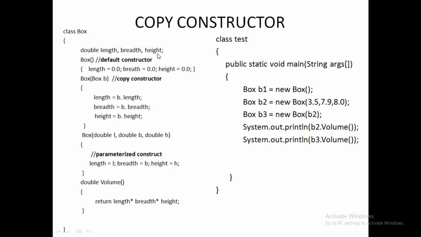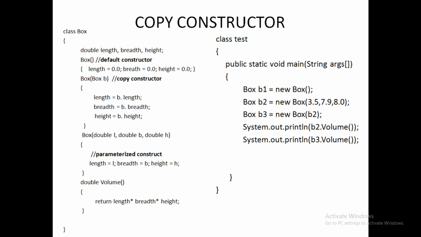But consider a class which possesses 50 or 60 instance variables, and somehow we have created an object of that class and initialized that object with a set of 50 or 60 values. Now if I want to create another object of this class with the same 50 or 60 values, which I have already used to create the previous object, then either I have to write all the values once again to initialize the second object, or I have to find a smarter way to do it.